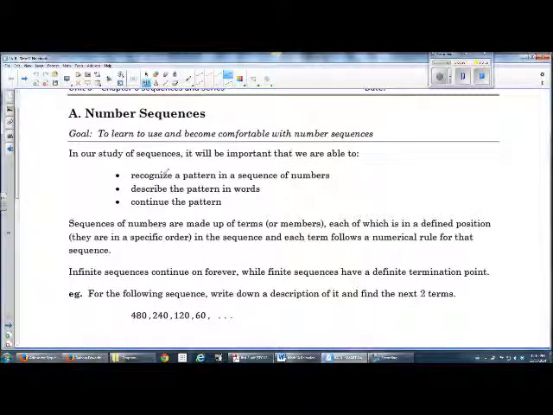What we're going to need to do is identify or recognize patterns in sequences of numbers. We're also going to need to describe the patterns in words, and continue the pattern that we have found. Okay, so that's part of the process of what we're going to be going through today.